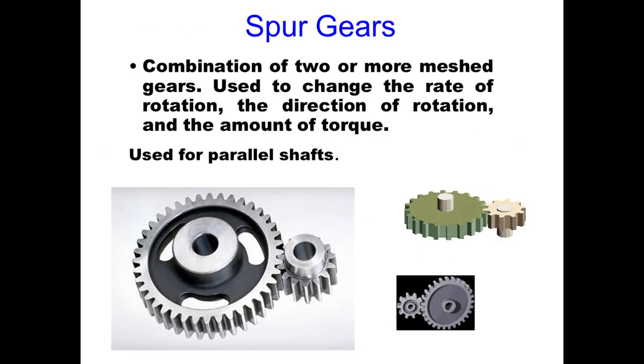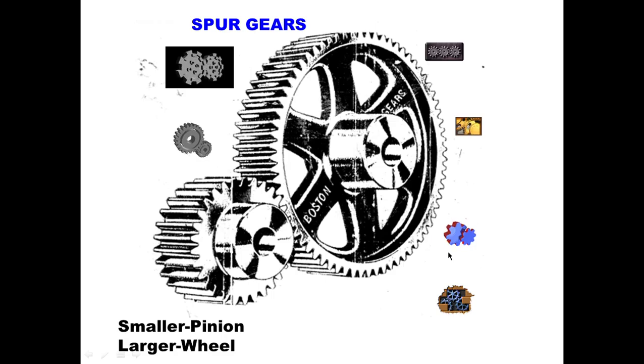Now when we speak about spur gears, a combination of two or more meshed gears is used to change the rate of rotation, the direction of rotation and the amount of torque, used for parallel shafts. So they are used for two shafts which are parallel. You can see it in the diagram as well. In spur gears we have a smaller pinion and a larger wheel.